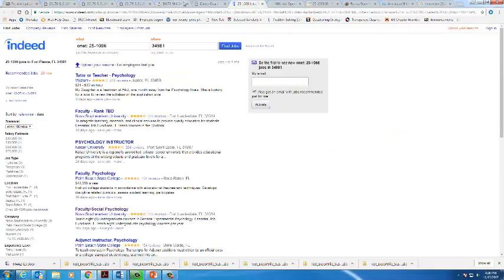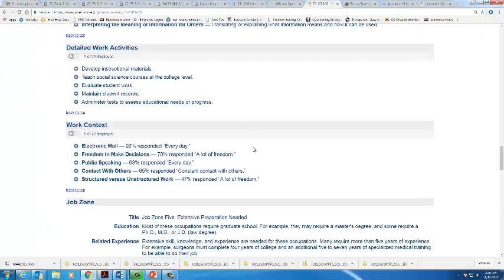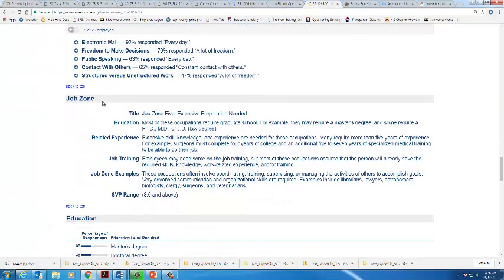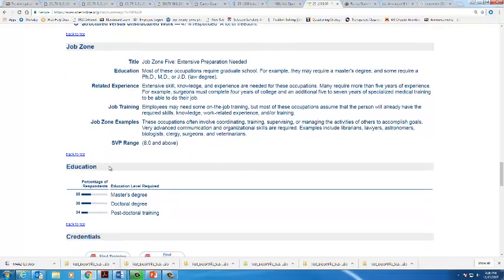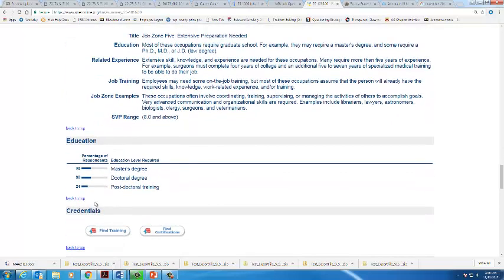This is also found on ONET in the job zone. So extensive preparation, needs a PhD, and related experience. And be careful if you're using this section in job post, because this was a survey of professionals in the career. I think it was a survey of 100 respondents.